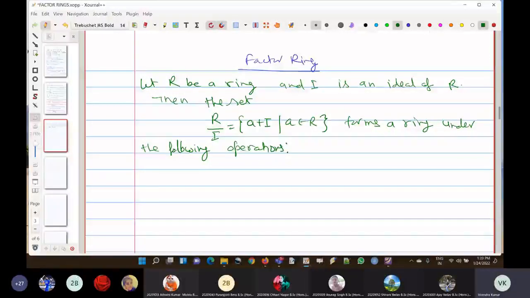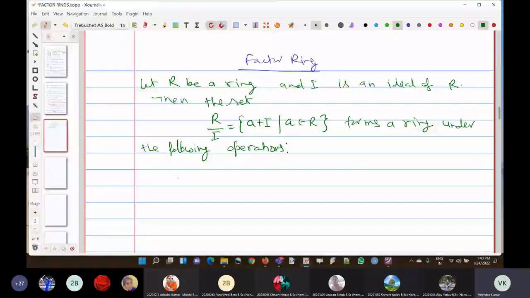When we define a ring, we need to have two operations, that is addition and multiplication. Under addition it should be an abelian group, and under multiplication it should be at least closed. And what else? Distribution of multiplication over addition. These are the things we need to verify. So what are the operations?